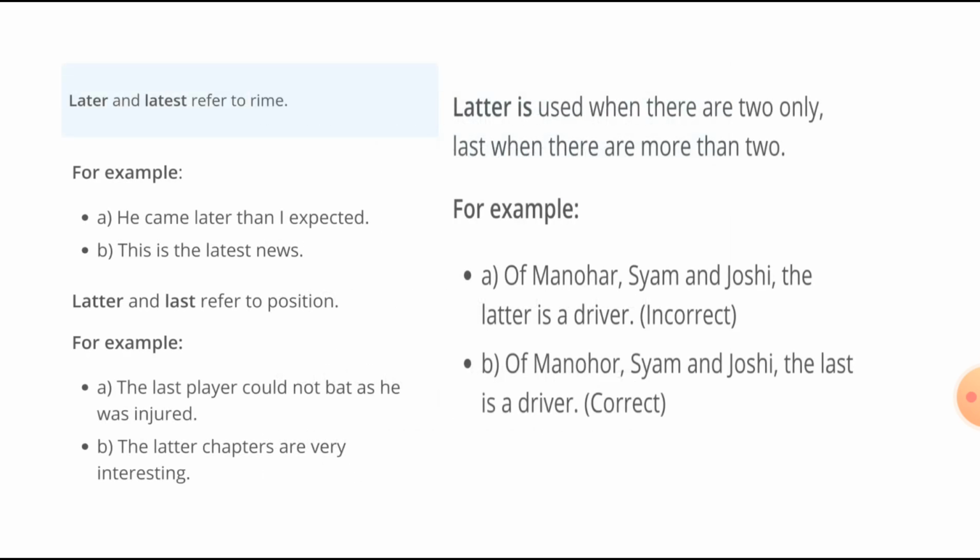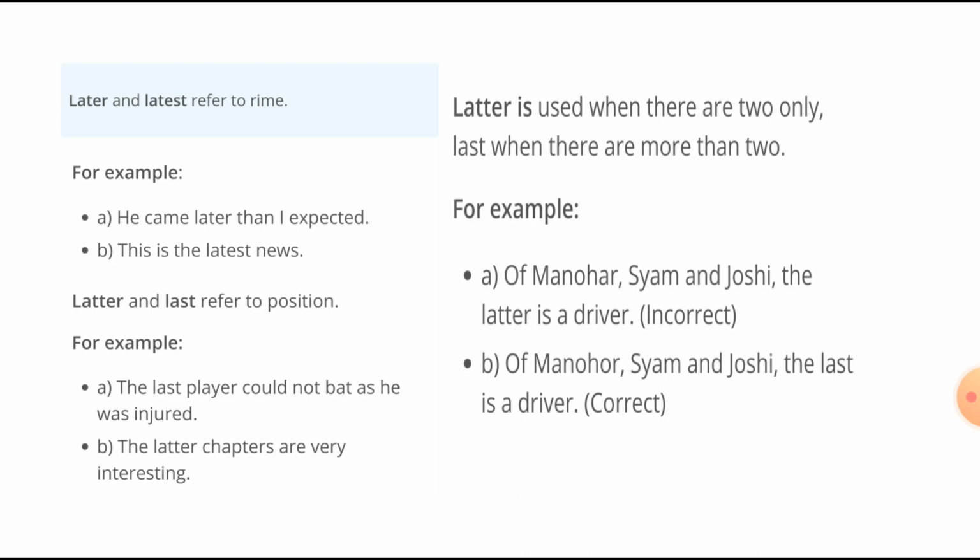Later and latest refer to time. Here it is misspelled. It is not rhyme but time. For example, he came later than I expected. This is the latest news. Later and last refer to position. For example, the last player could not bat as he was injured.